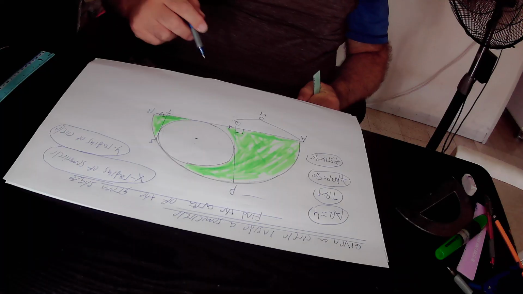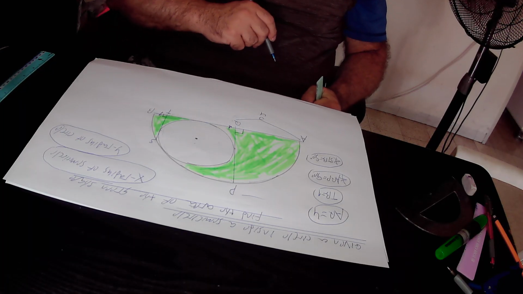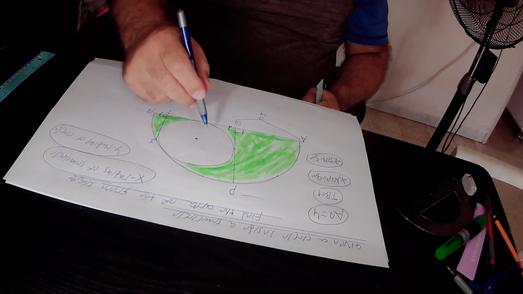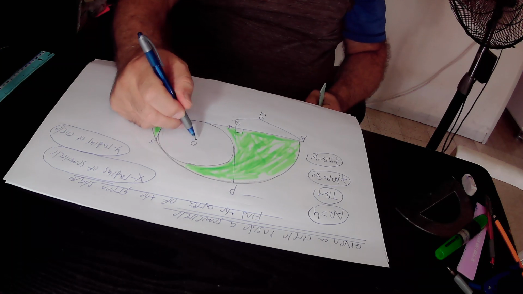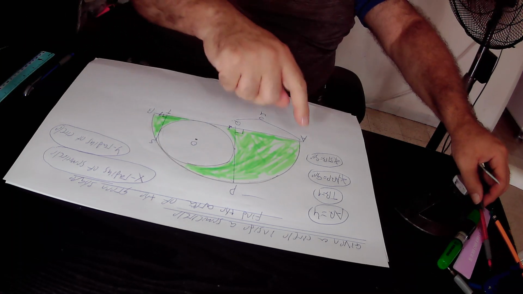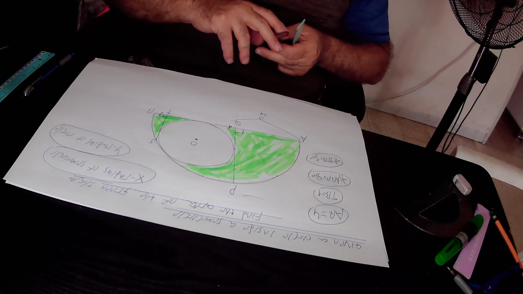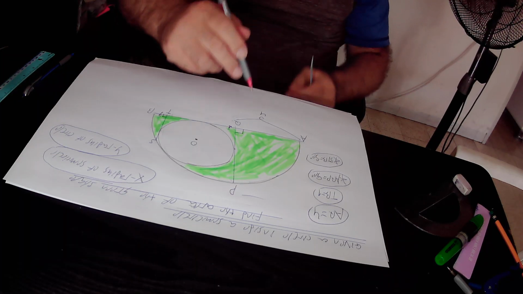We define the center of this small circle. This point is point O, and we define the center of this big semicircle. This point is point C.